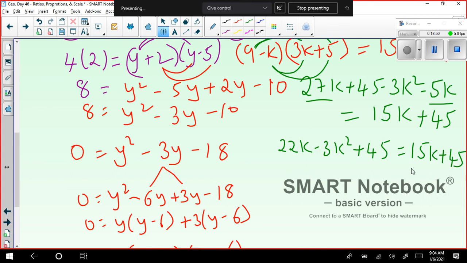Subtract 15k and 45 from both the sides.